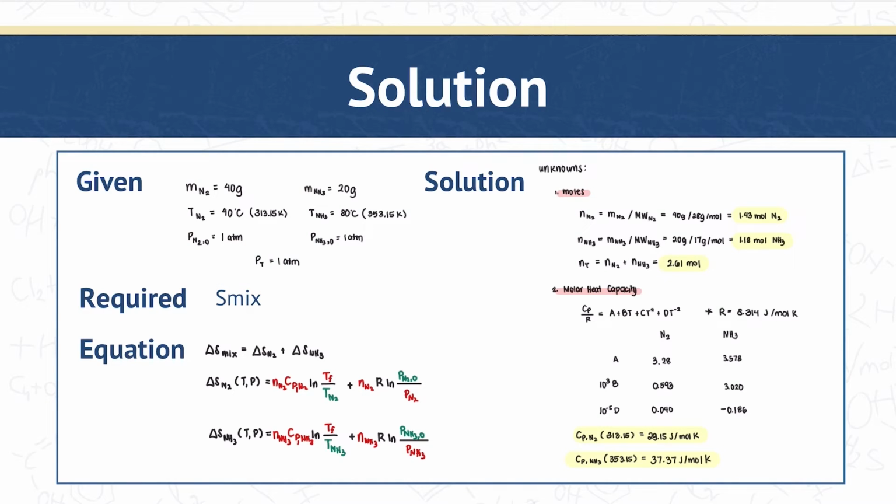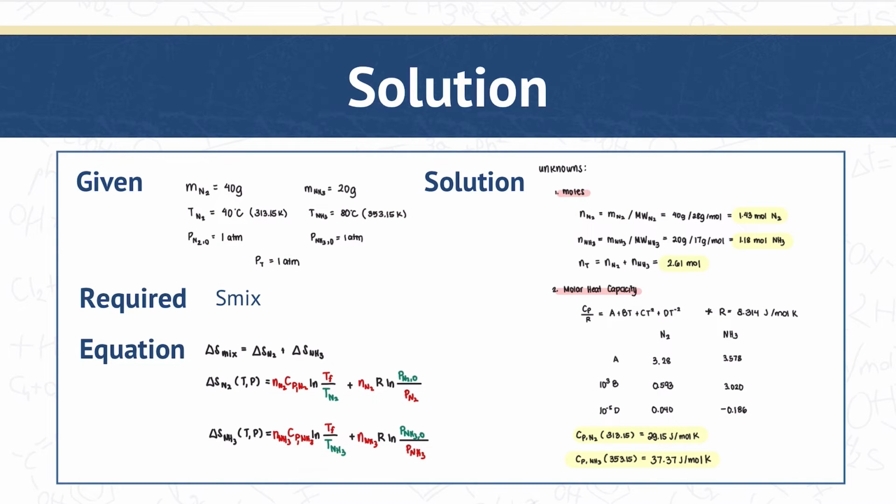So, ang equation that we need is this one. Entropy of mixing is just equal to the entropy ng nitrogen gas plus yung sa ammonia. Then, since alam natin na may temperature and pressure changes, we will define the entropy of the individual gases in terms of temperature and pressure. So, as a function of temperature and pressure, ang equation niya are these two.